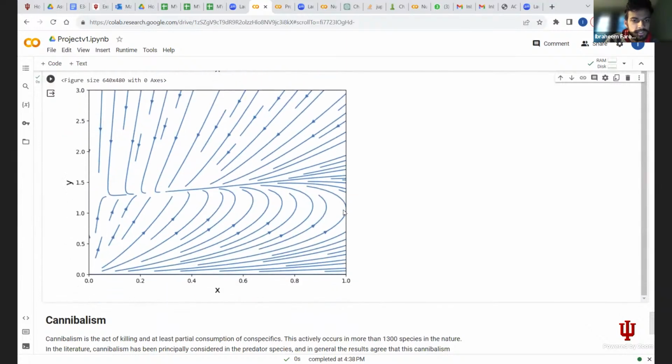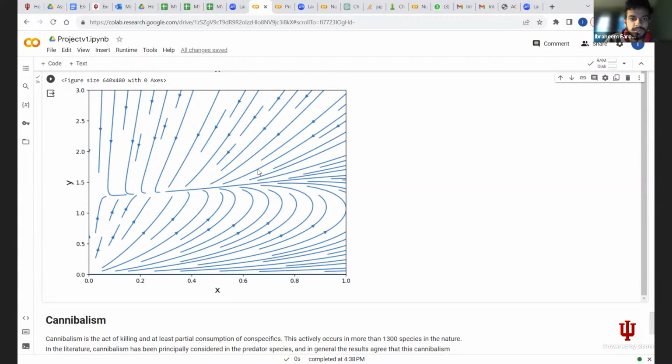Okay, so here we see if we use this, we basically get a scenario where the prey population, if it's below a certain line, will approach that line.